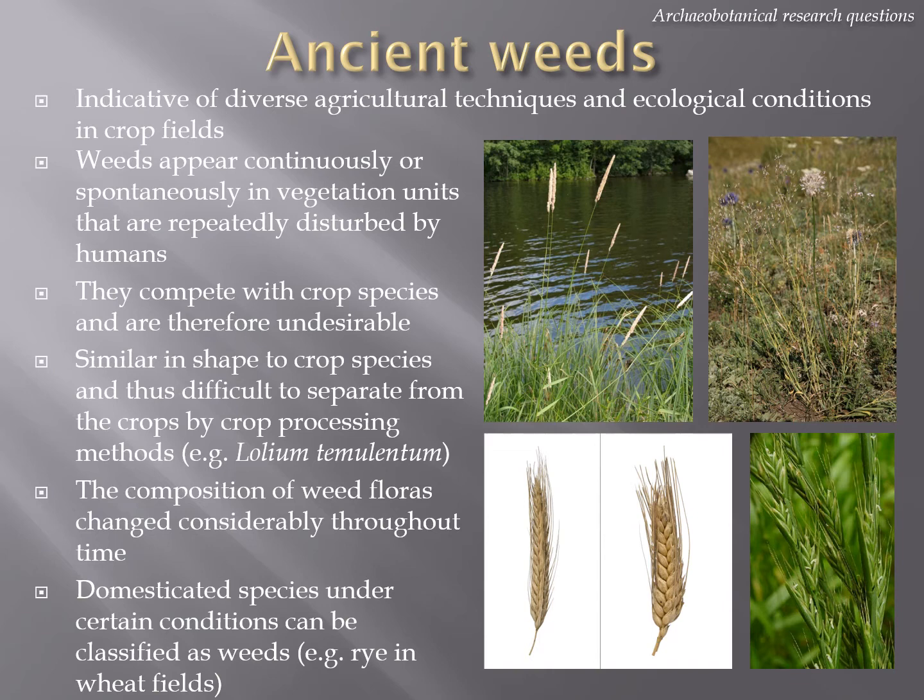In general, weeds appear continuously or spontaneously in vegetation units that are repeatedly disturbed by humans. They compete with crop species and are therefore undesirable. They are often similar in shape to crop species and thus difficult to separate from the crops by crop processing methods.